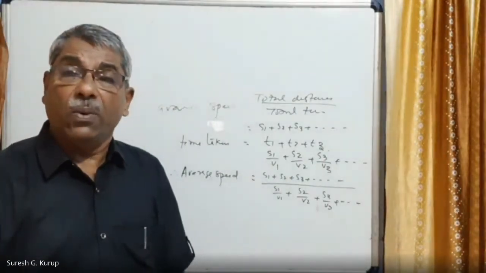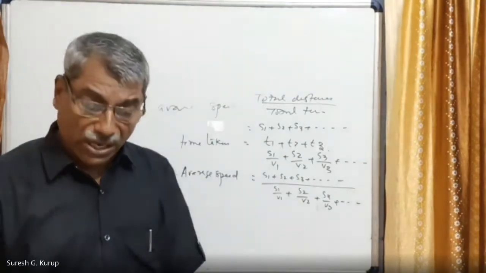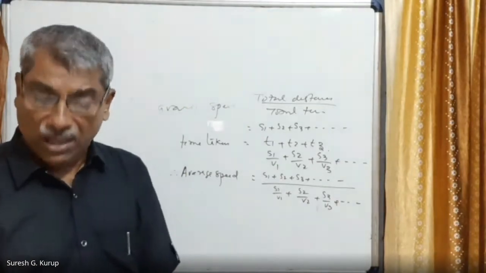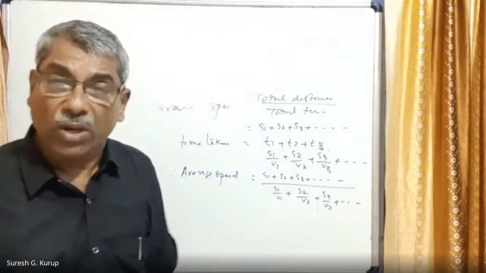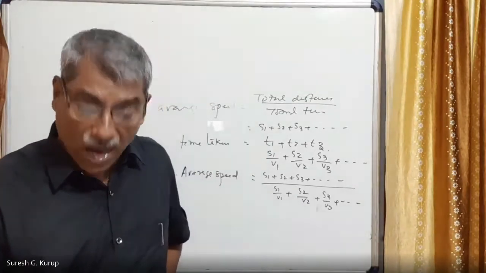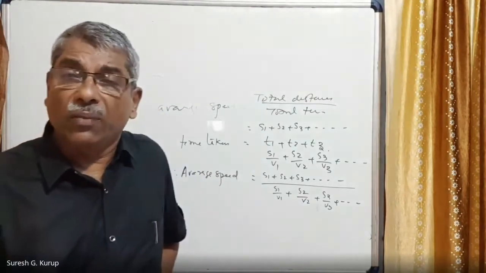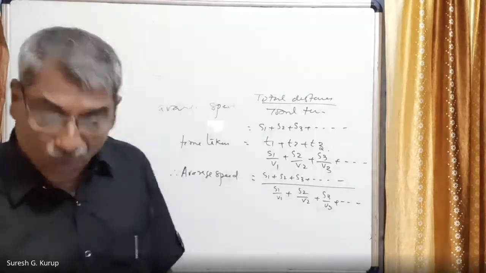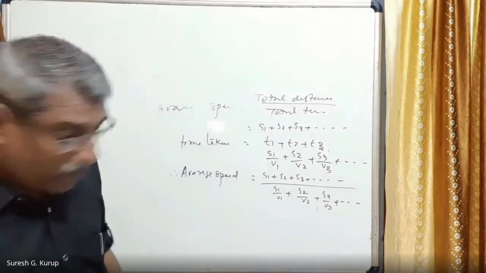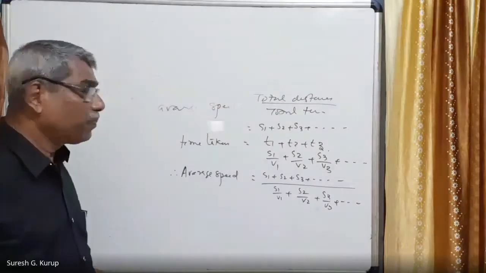Suppose the body is traveling its journey with the speed, not velocity, v1 for time t1, v2 for time t2, and v3 for time t3. Then average speed is given by a different formula.